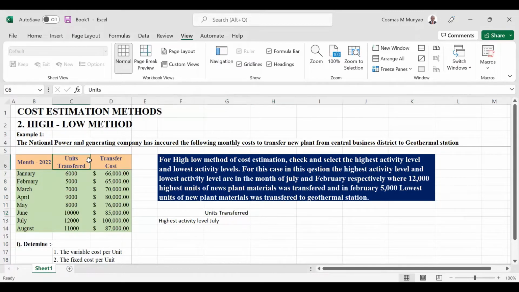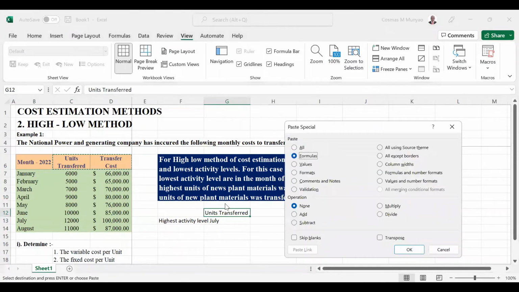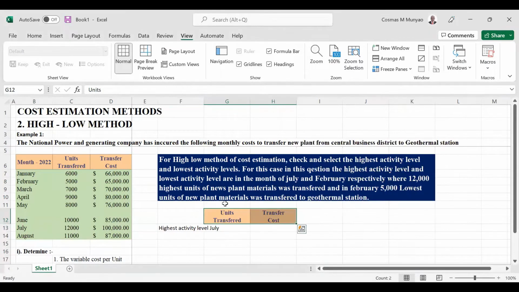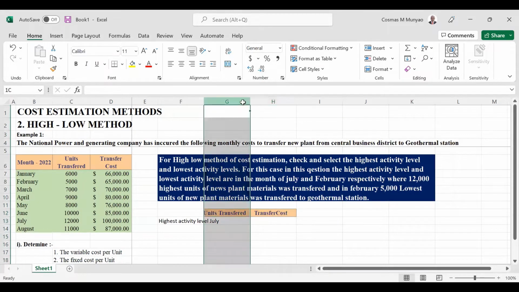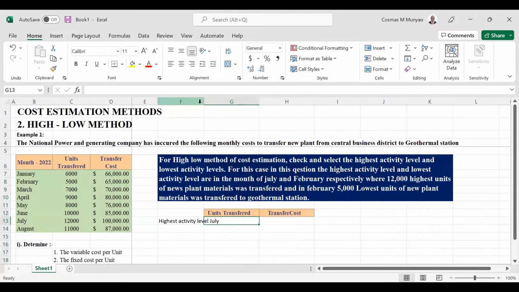Or you can also copy this one and paste it there. Then you format it to fit our expectations.